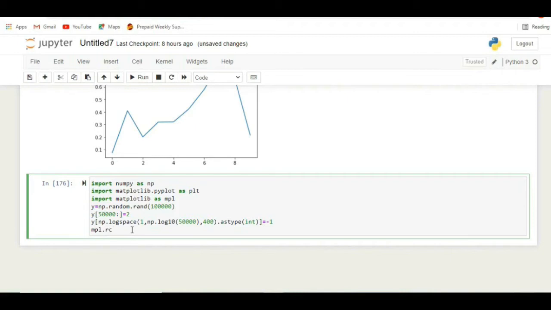So mpl.rcParams, inside the square bracket you shall write something more, and inside the single quotation marks you shall write path.simplify, and this is equal to True.